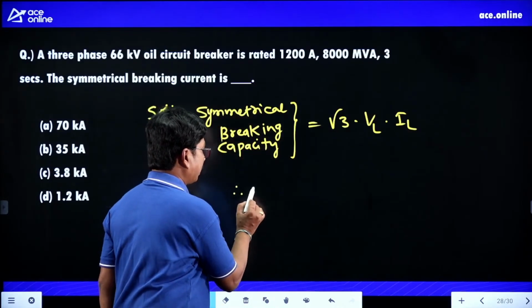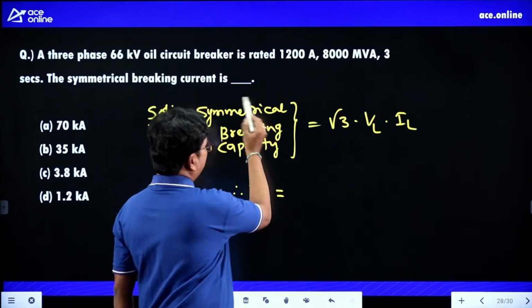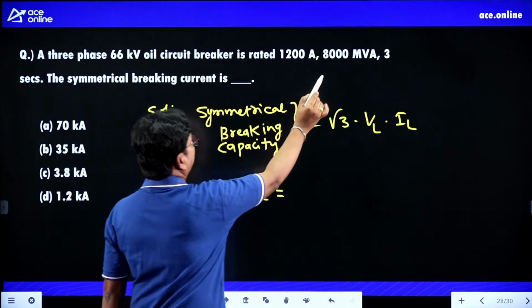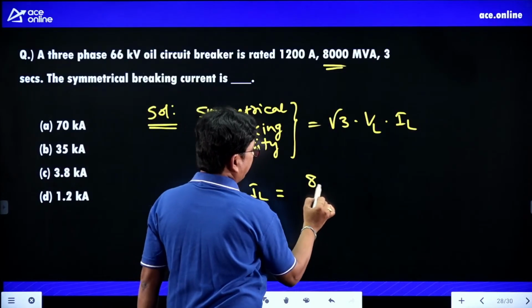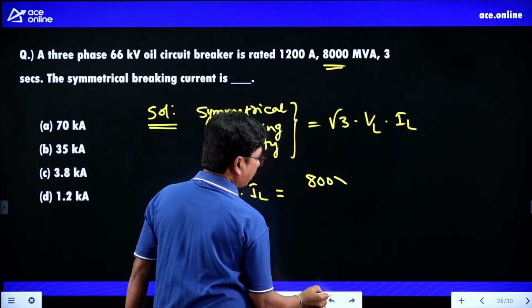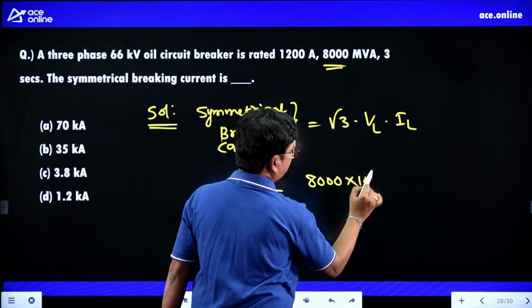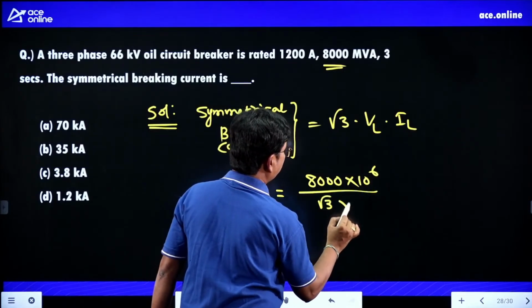From that we can calculate I line. Symmetrical breaking capacity is given as 8000 MVA. It is 8000 into 10 power 6 divided by √3 into V line.